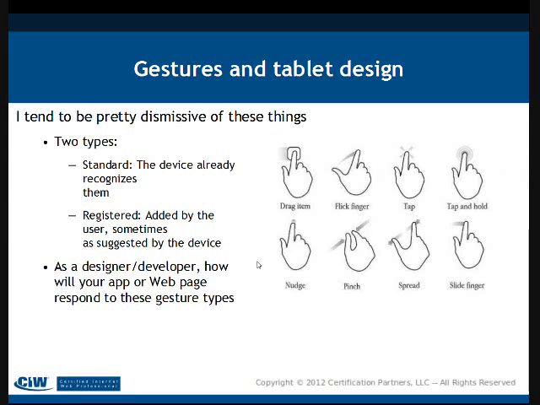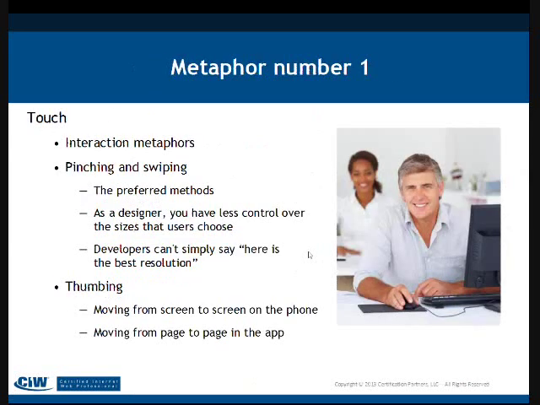Focus on the dragging, the pinching, the sliding of the finger. Those are the areas that I think are the most important. I don't think it's very useful as a designer to try to guess what custom gestures people are going to be using. So the first metaphor to think about here is interaction metaphors. Again, the pinching and the swiping, these are the preferred methods, and I think that's the main one.